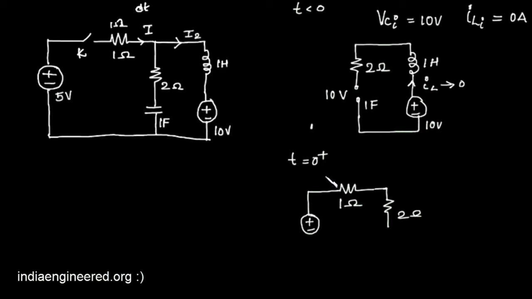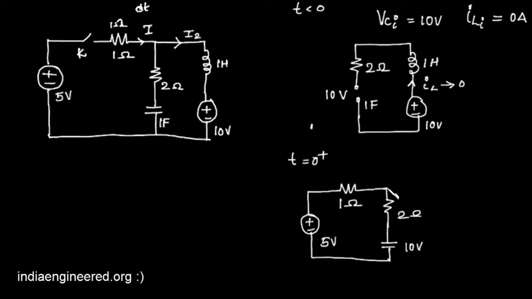Now we are drawing the case when t equal to 0 plus. That means we have the capacitor, but what will be the potential across it? It will be 10 volts because it cannot change abruptly at t equal to 0 plus. Okay, that means we have 5 volts here.